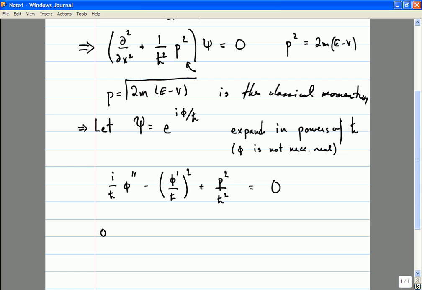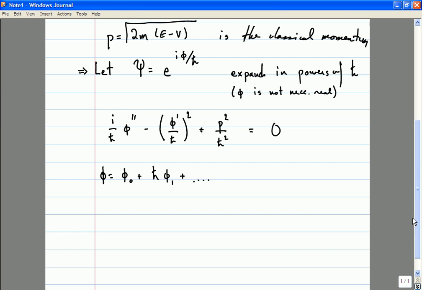And when we expand in powers of h bar, what I mean is that we imagine that phi takes some value that is of order 1, plus a value that is of order 1 times order h bar, plus a value that's of order h bar squared times something of order 1, and so on and so forth.